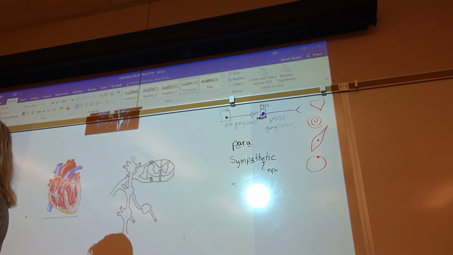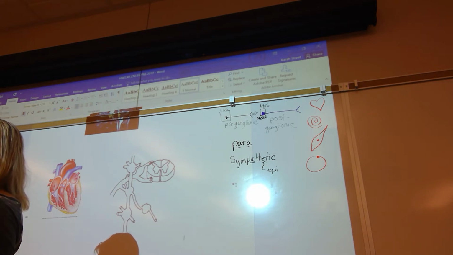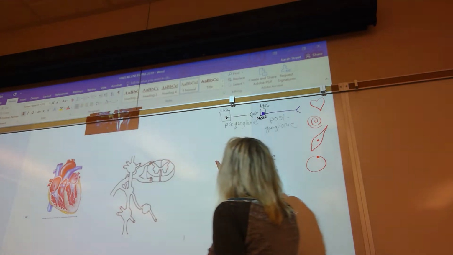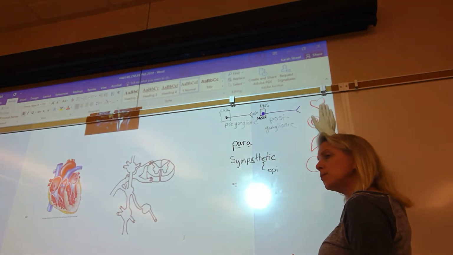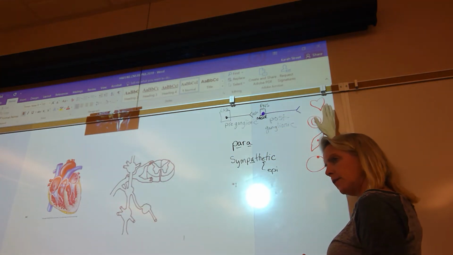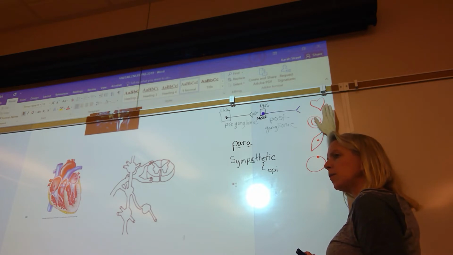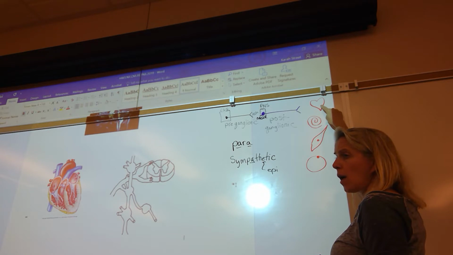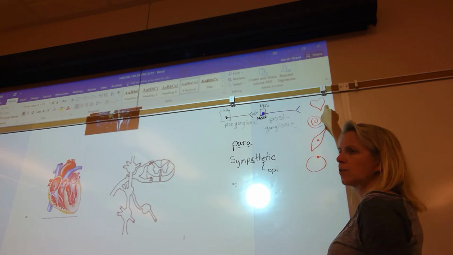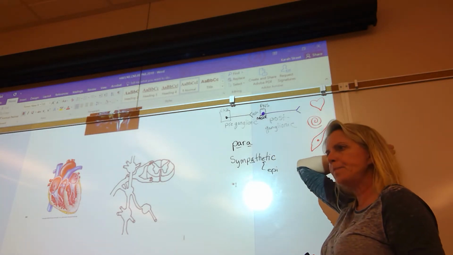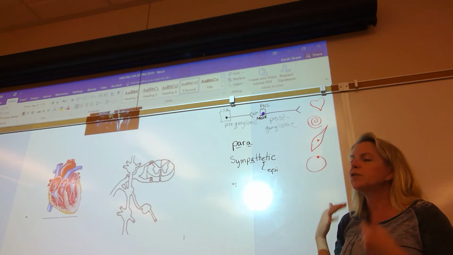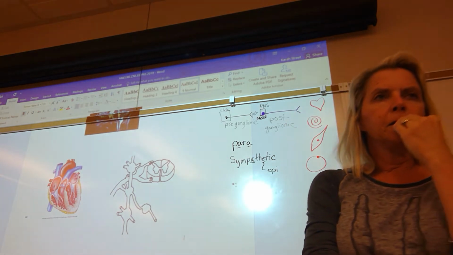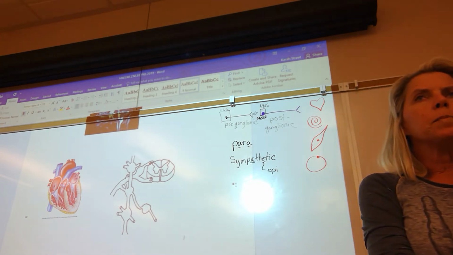A side topic on that beta thing. Is that what beta blockers do? They block the postsynaptic receptors? Yep. They block the receptors on the involuntary effector. Someone who's taking a beta blocker like propranolol, that specifically blocks sympathetic receptors on the heart. Why would you want to do that to the heart?